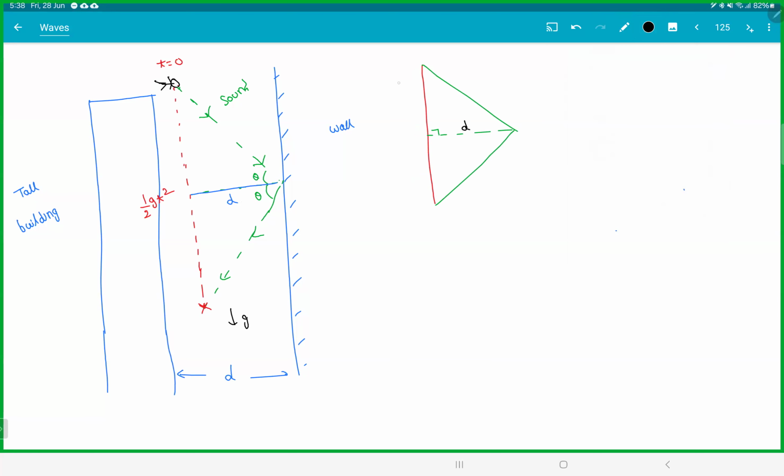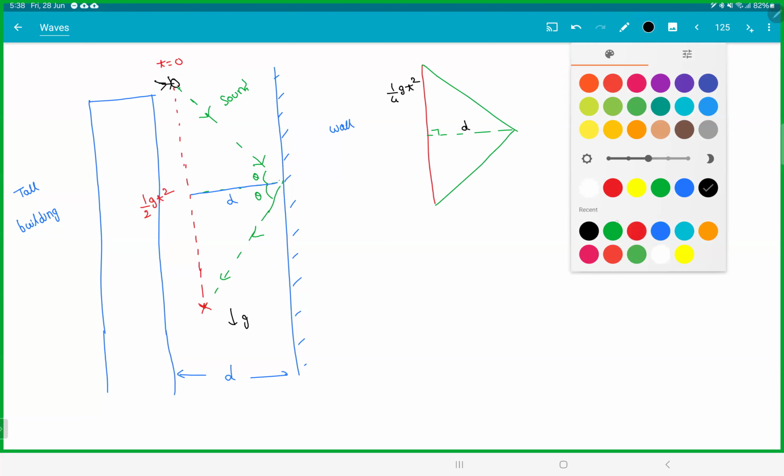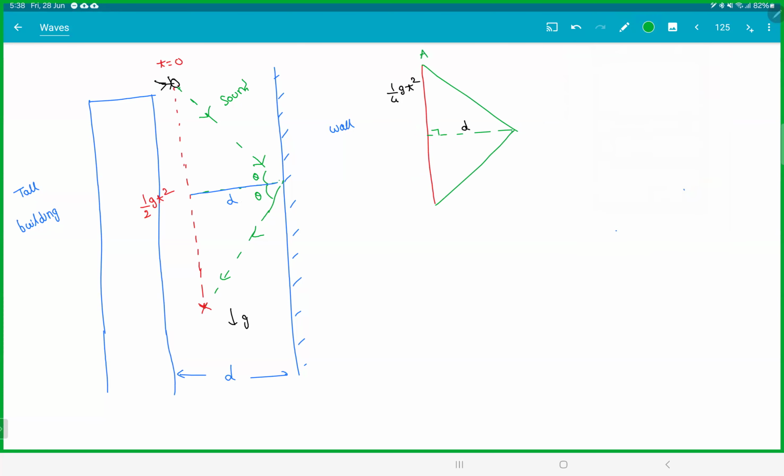So this was d, and this is 1 by 4 g t square. If we call this a, b, and c, the time taken for the sound will be (ab plus bc) by the speed of sound. This is nothing but 2 times root over (d square plus (1 by 4 g t square) whole square) by c, which is again time t only, the same time.